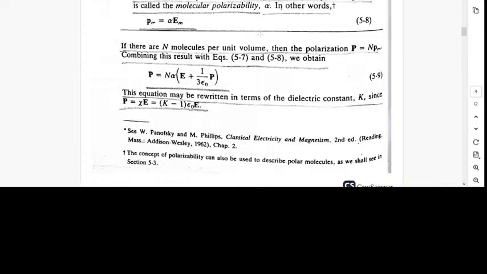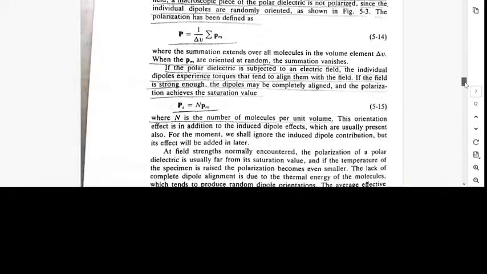Then alpha will be equal to P over Em is equal to p naught square over 3kT. Em will be cancelled out with the Em of equation 5.8. We will put the value of P from here in equation 5.8, and then alpha will become p naught square over 3kT.